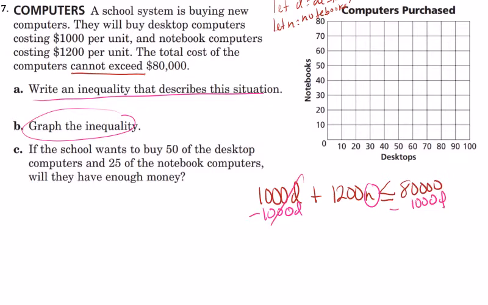So we get 1,200 N is less than or equal to negative 1,000 D plus 80,000. I'm putting the variable in front and the constant in the back, so it has the y equals mx plus b format. Now I'm going to divide everything by 1,200.